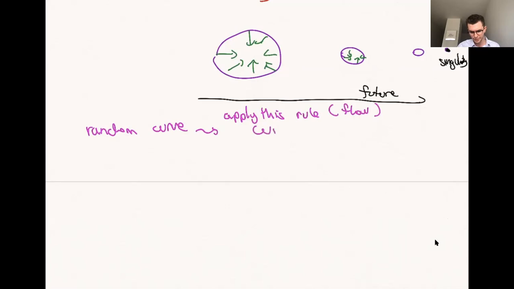It goes into a circle, becomes more circular, and then it collapses, right?